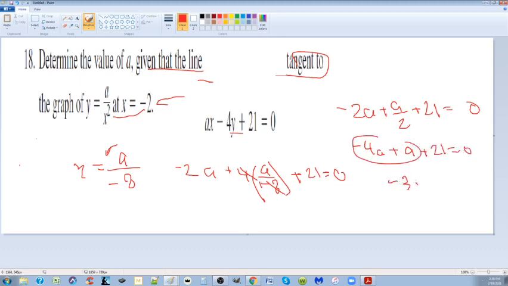Minus 3a plus 21 is equal to 0. Minus 3a is equal to minus 21. Therefore, a is equal to 7. And if you go back and you put a 7 in here as the equation, and a 7 in here, you will probably discover that it works.